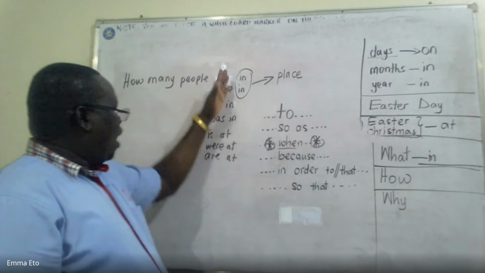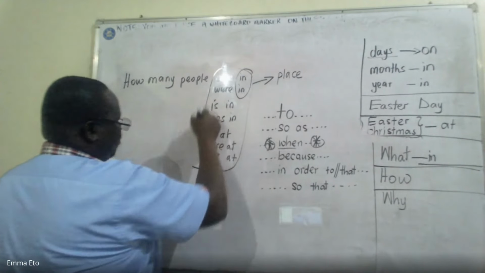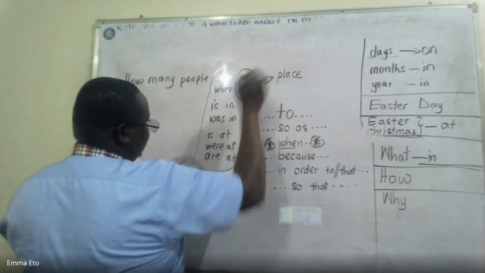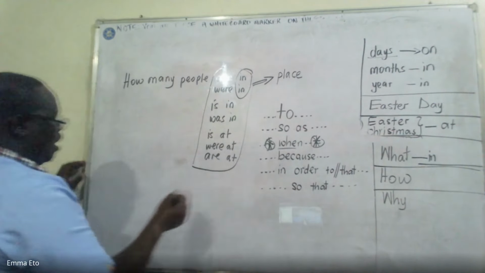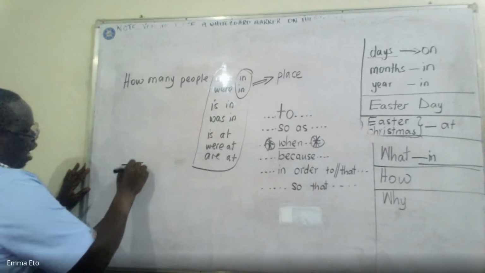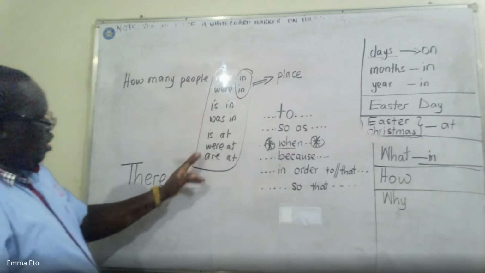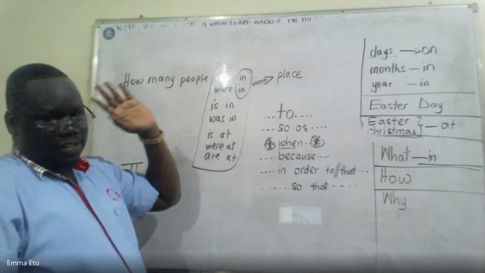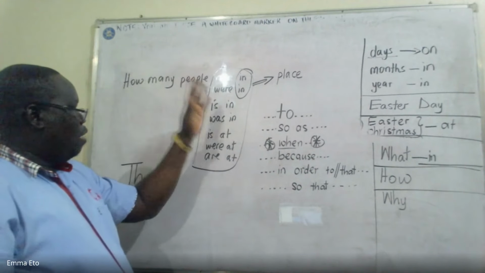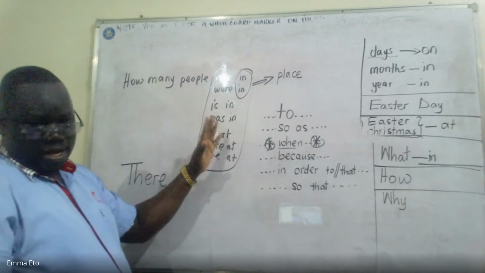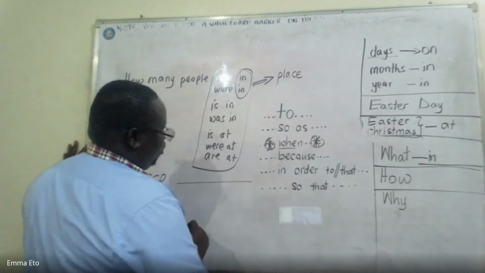Now, after realizing that these prepositions after this helping verb point to a place, your answer begins with there, depending on the helping verb and the tense. There was, there is, there were, there are. And you continue with your answer.